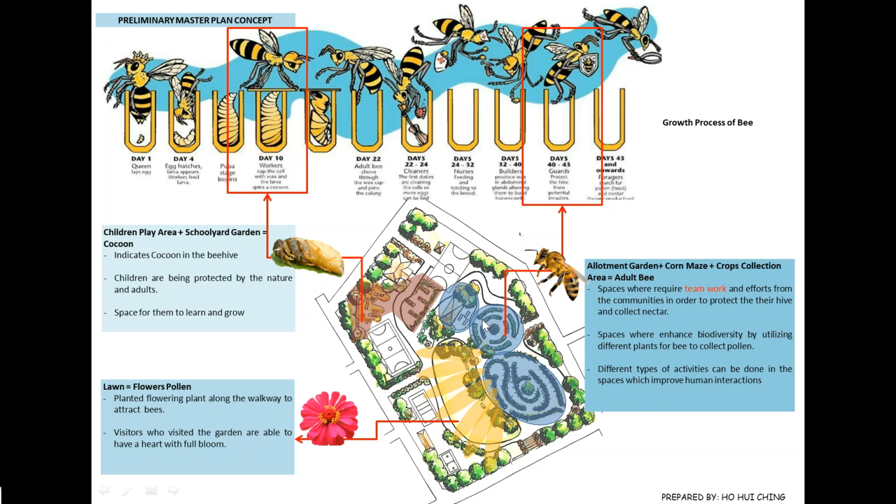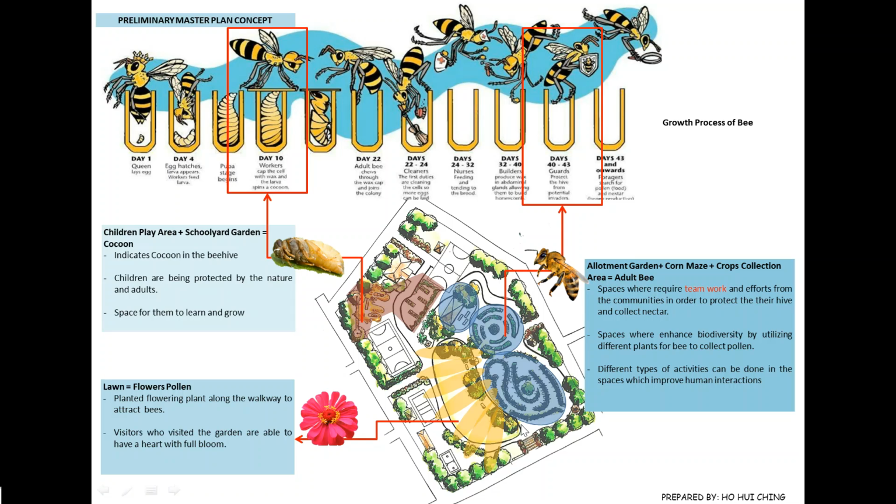If you notice these three spatial areas, the shape of the spatial areas is inspired by the shape of a bee. This space serves as a crop selection area, followed by the allotment garden and corn maze.